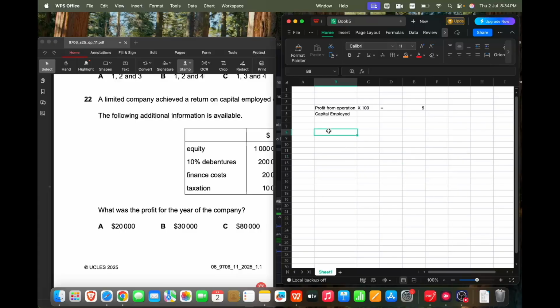Let's replace these values. Profit from operations we don't know, so we'll just call it profit.